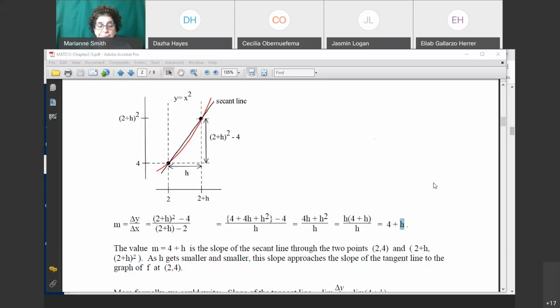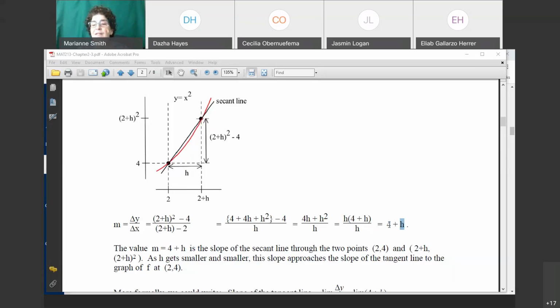As the points get closer, h gets smaller and smaller and smaller. Does everybody see that h gets smaller as the 2 points get closer together? Well, if h becomes negligibly small within the idea of a limit, I can ignore it.